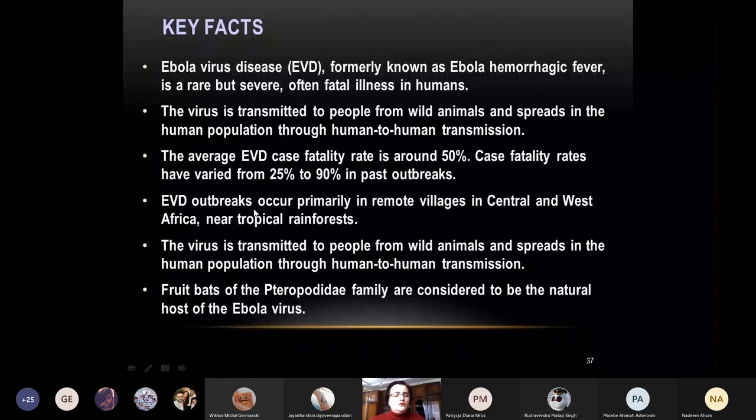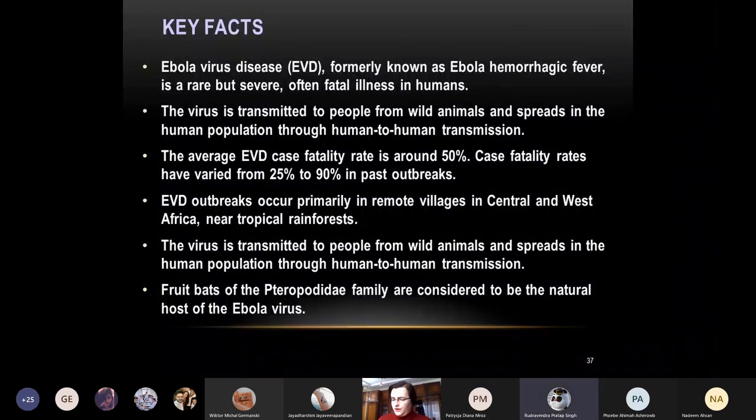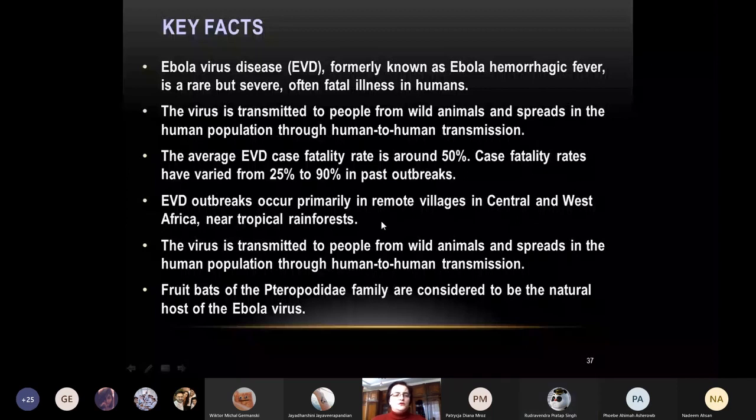Ebola virus disease outbreaks occur primarily in remote villages in Central and West Africa, near tropical rainforests. Fruit bats of the Pteropodidae family are considered to be the natural host of the Ebola virus.